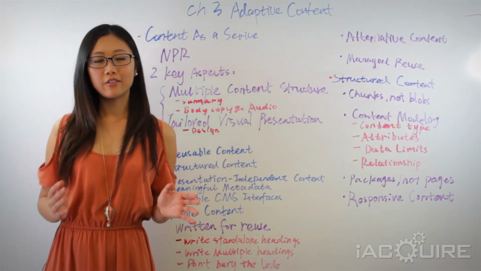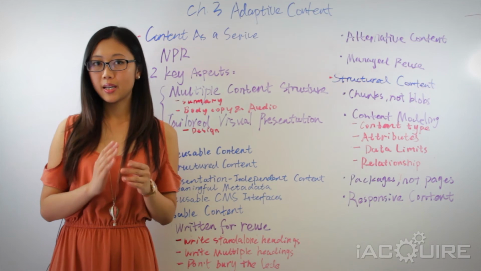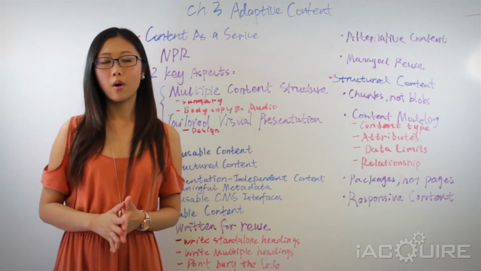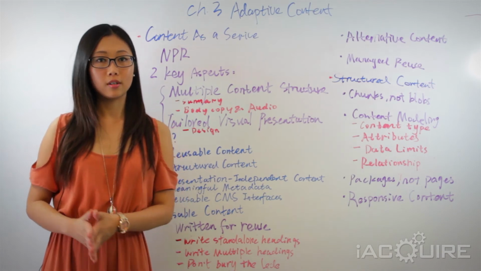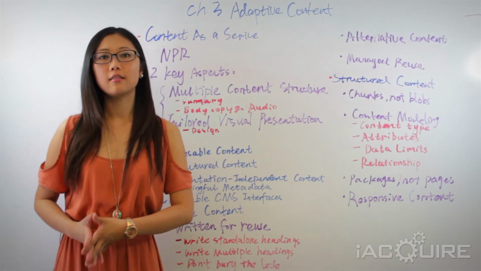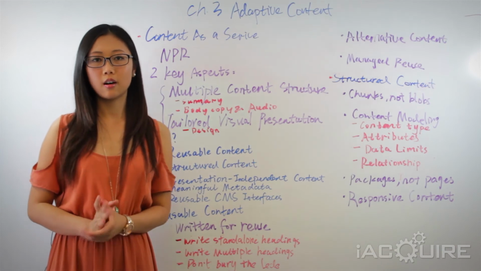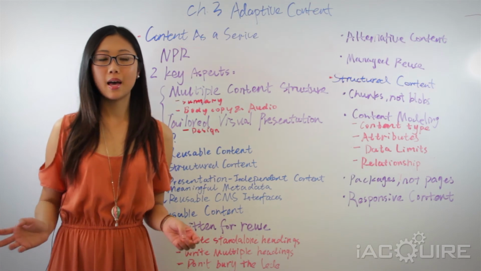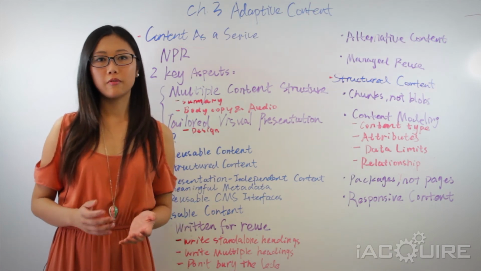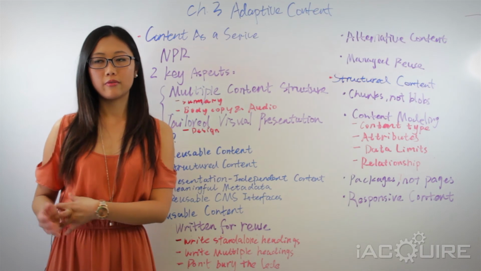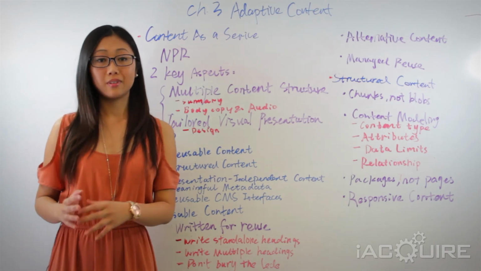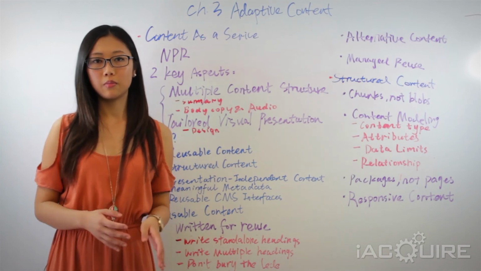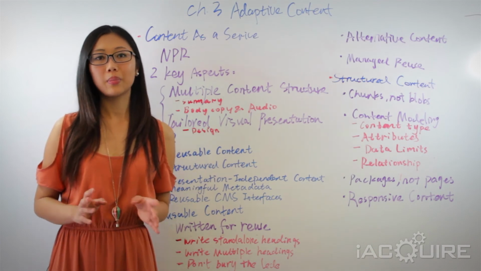So chunks and blobs. As we can understand, chunks are smaller pieces, right? So when we are creating the content, we think about making the content more well structured. It's always a good idea to create the content in smaller pieces instead of a big, giant blob. Because when we try to fit this giant blob into different devices or platforms, it's really difficult to break the content into smaller pieces.